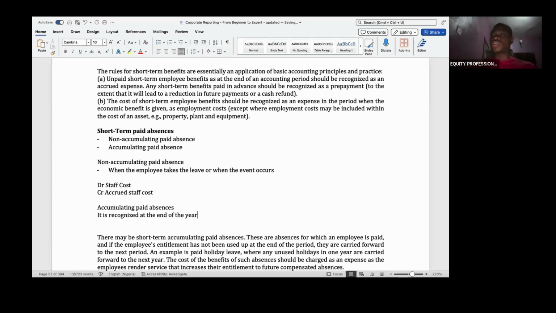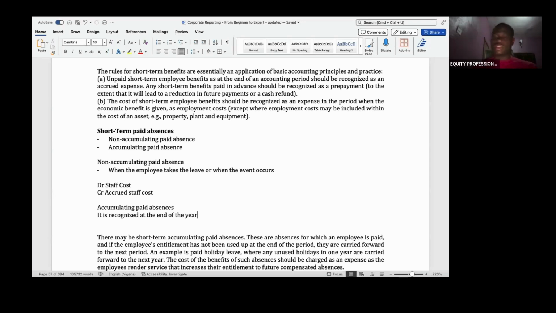That is, if people don't take their leave, those that have taken that will have paid, will have recognized that one. Right? Now, the concern are those that have not taken. So how should we put it in our books? Because they will still take, or they might still take, because they can carry it forward. So we are not saying how much are you going to recognize.